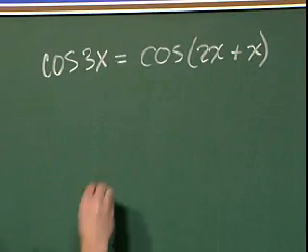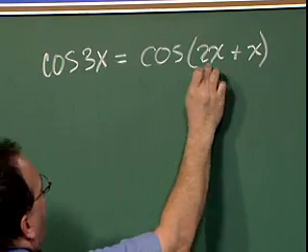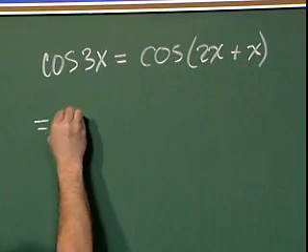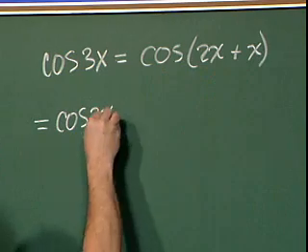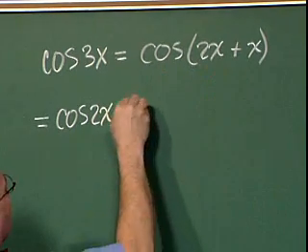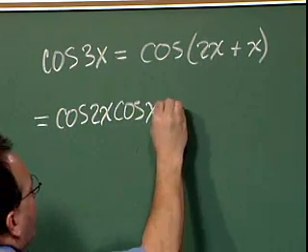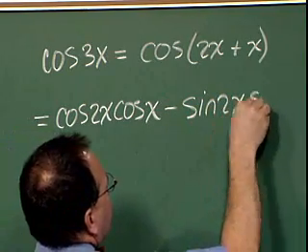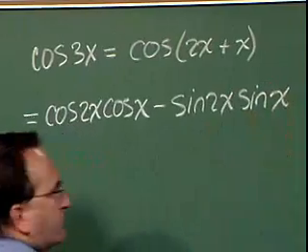And that brings us back to the identity of cosine of a plus b, and that's equal to cosine 2x cosine x minus sine 2x sine x.